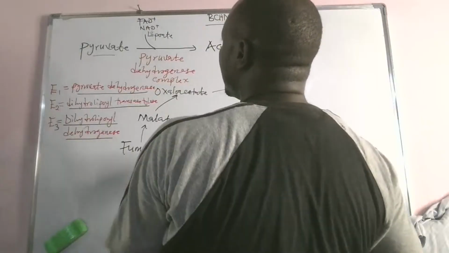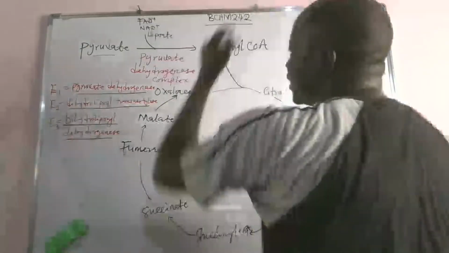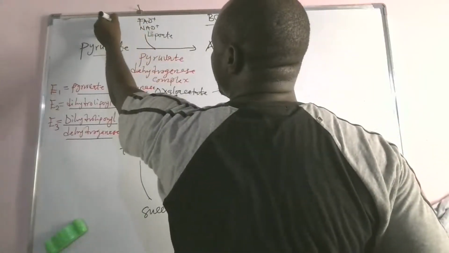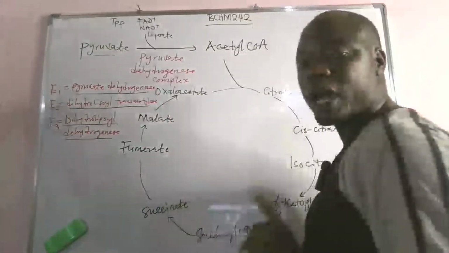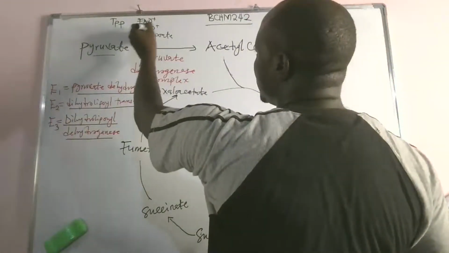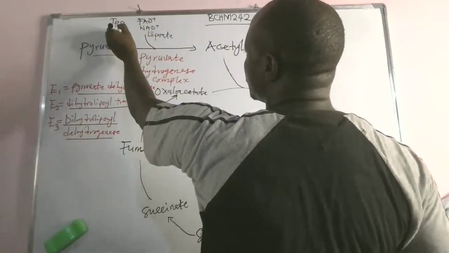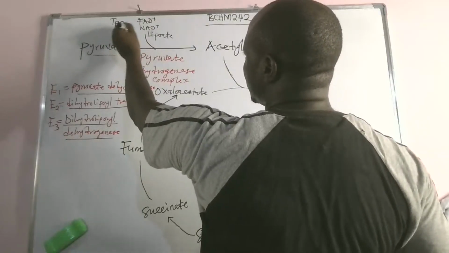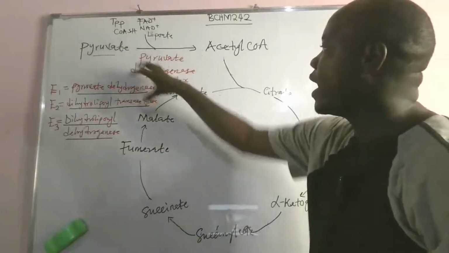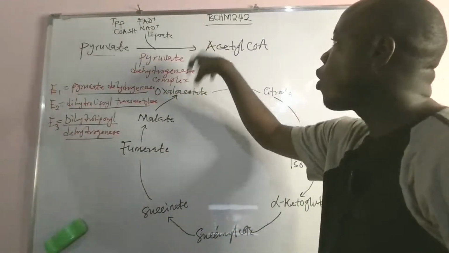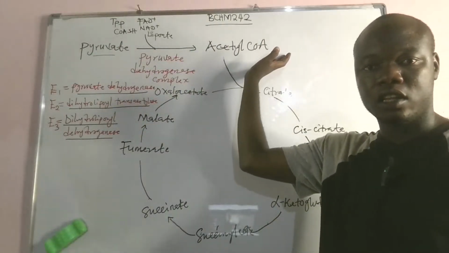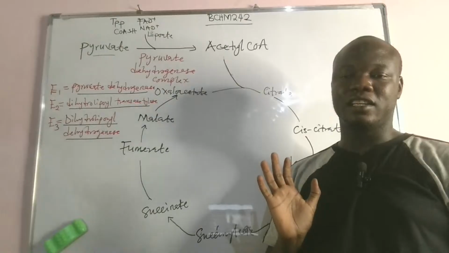That is number 3. And then apart from lipoate, there is also TPP, that is thiamine pyrophosphate. And then the last one is coenzyme A, CoASH. So these are the 5 coenzymes that are required by the pyruvate dehydrogenase complex to convert pyruvate to acetyl-CoA. So that is what I want you to understand.